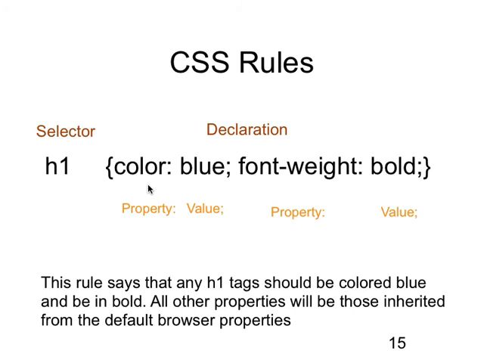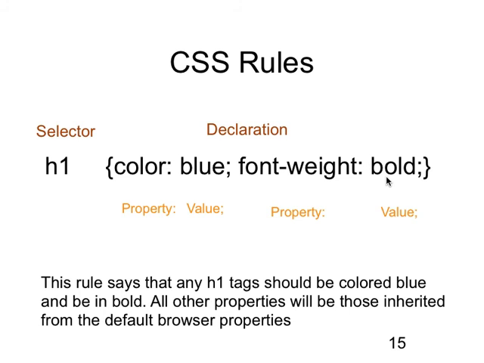You have a selector part where you say what you're talking about, and the declaration part where you say how you want it to look. Inside the declaration part, you then have a list of properties and values. So you specify the property you're talking about and the value you want it to have.